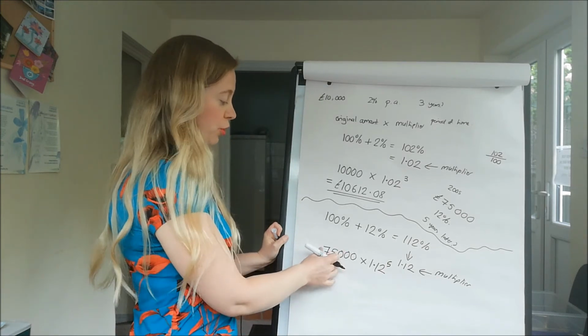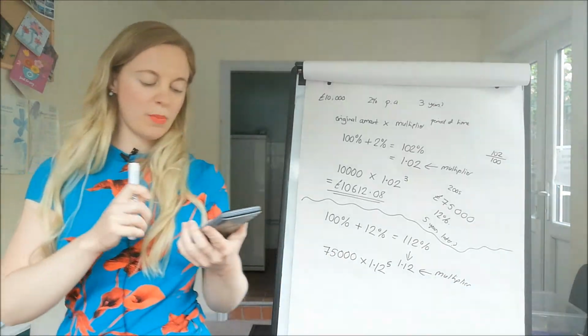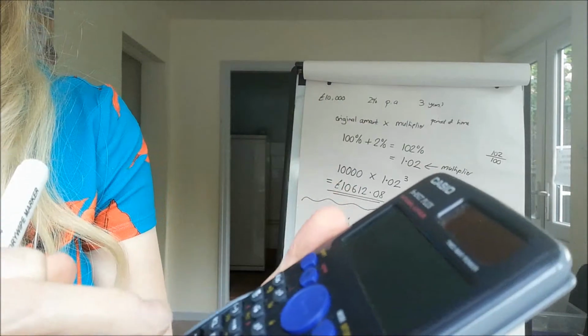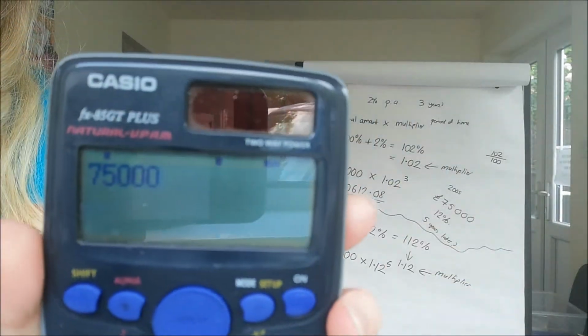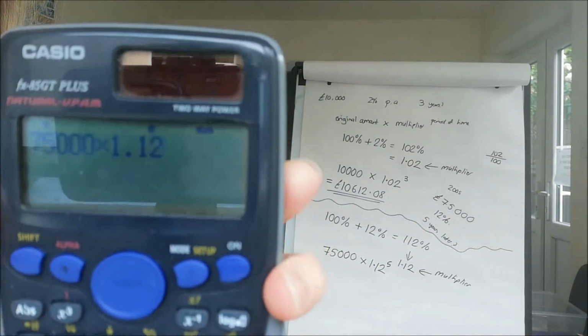And then that just goes into the calculator like before. So I'll bring the calculator up again and I'm going to put 75,000 times 1.12.